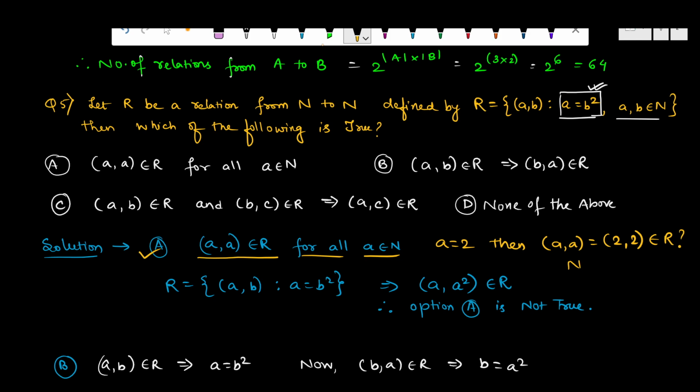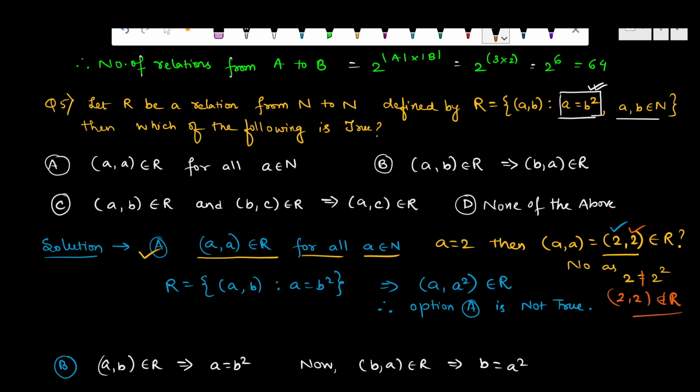No. Why? As it should satisfy this condition, the first component should be equal to the square of the second component. So is 2 equals 2 square? No. So (2, 2) will not belong to R.